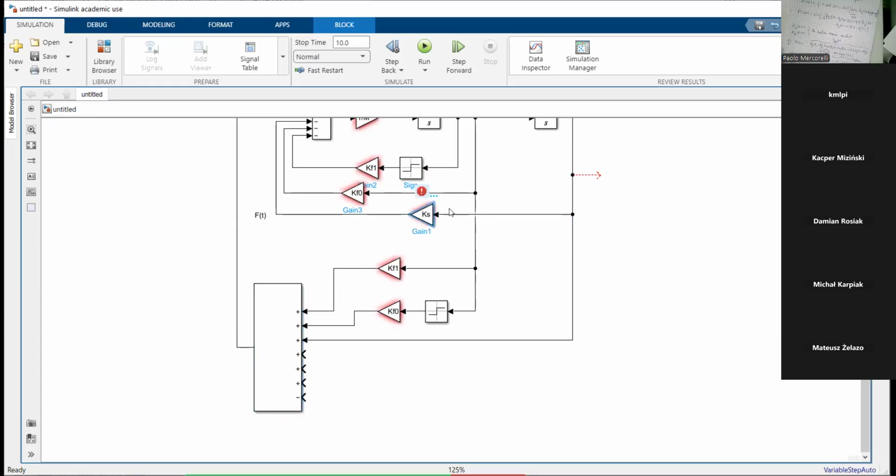Exactly. Then m multiply k x2. K is in the design element. You remember I told you also the meaning.